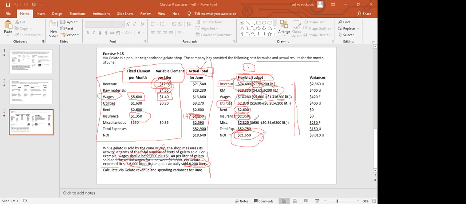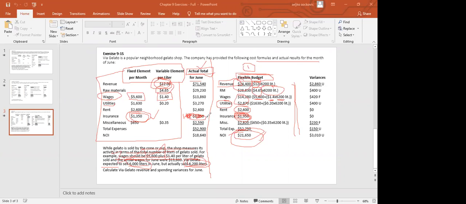The one from the planning budget, the 1350. Very good, Mitchell. Excellent. Why? Because we said you use functions or items, these formulas from the planning budget, not from the actual results. You're comparing it to actual results. So you would use 1350 here, even though it's 1500 or 1400.